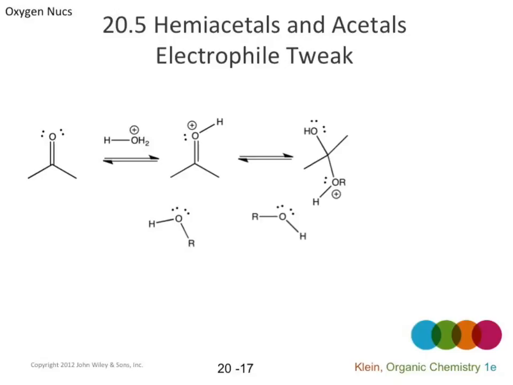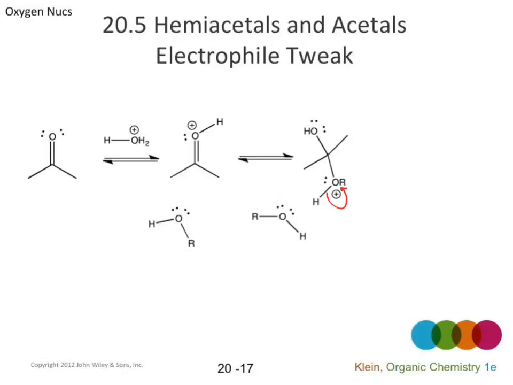and we end up with an intermediate. What's the problem with this intermediate? Positively charged. How do we fix the positive charge? Where do we get electrons from? Yeah, we've got to get it from that oxygen-hydrogen bond. So we'll take the electrons out of that bond, give them to the oxygen.